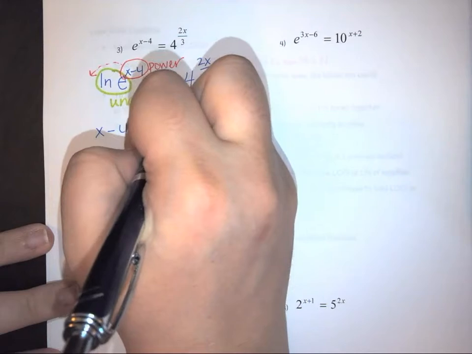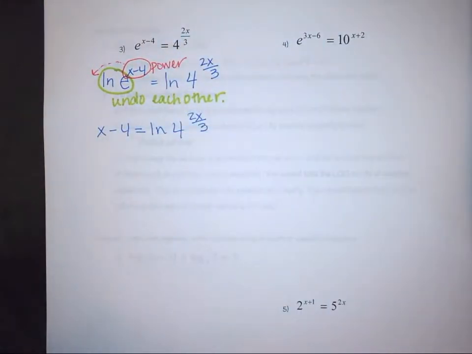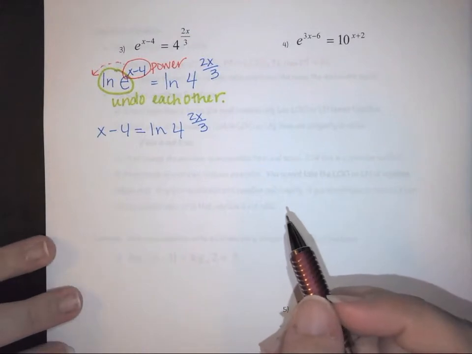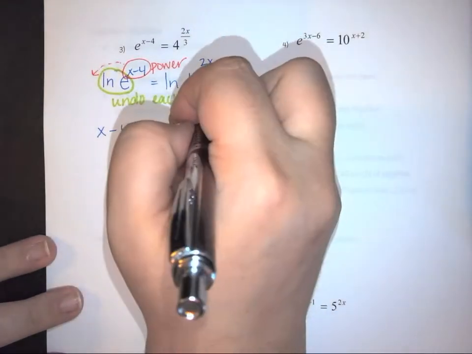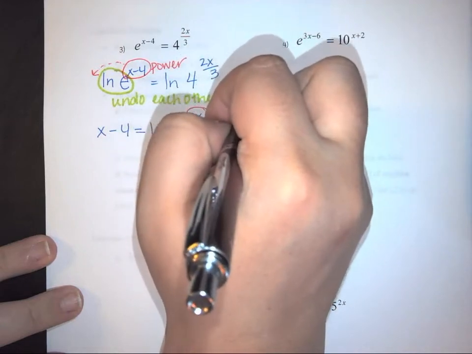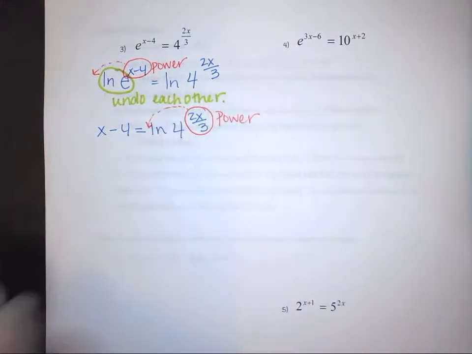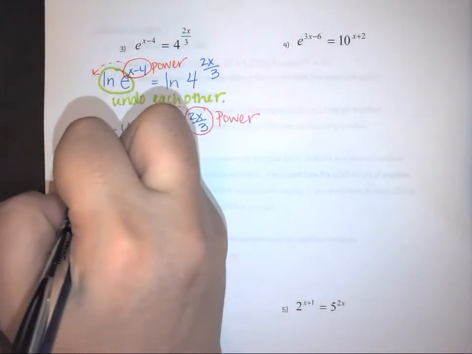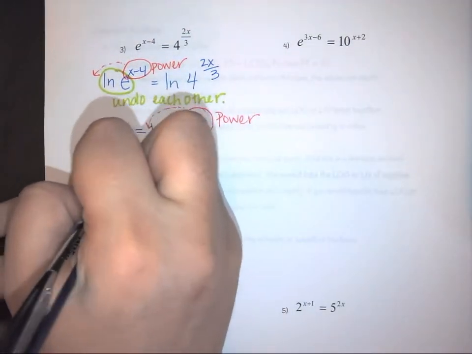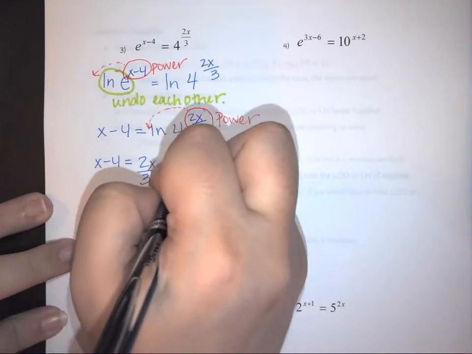So this equals the natural log of 4 to the 2x over 3. Now the other thing that we have here is we have a power right here. So this is also a power, which says it needs to come down in front. So this becomes x minus 4 equals 2x over 3 natural log of 4.